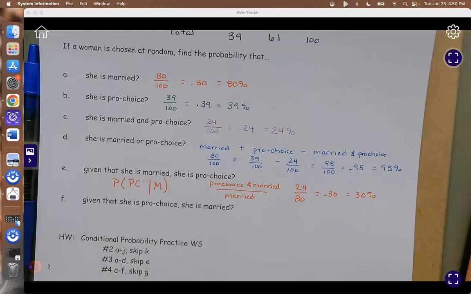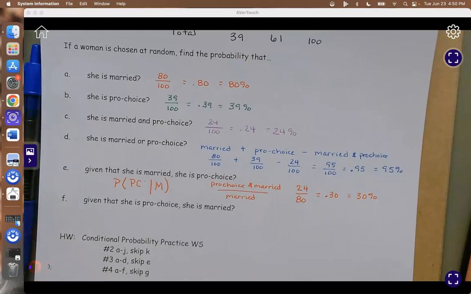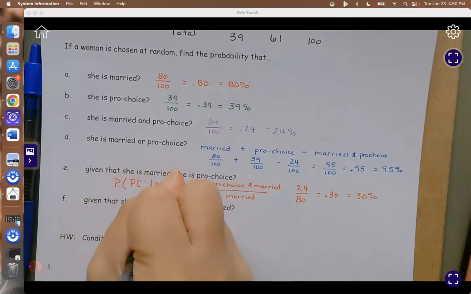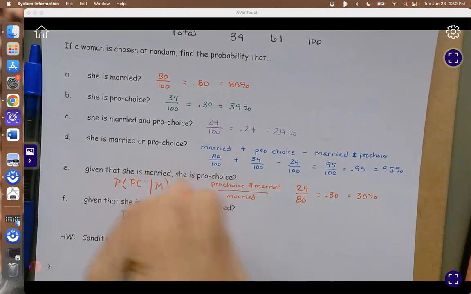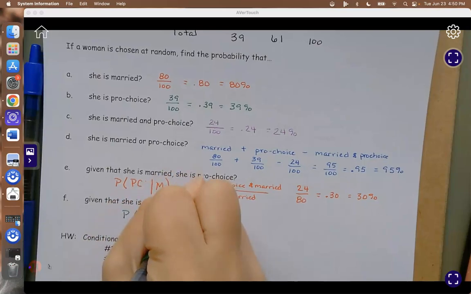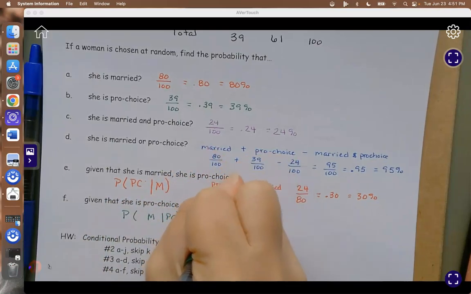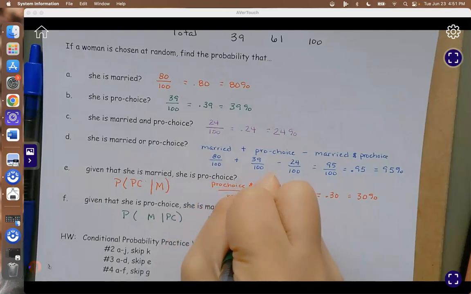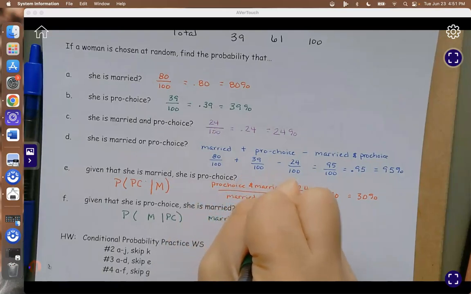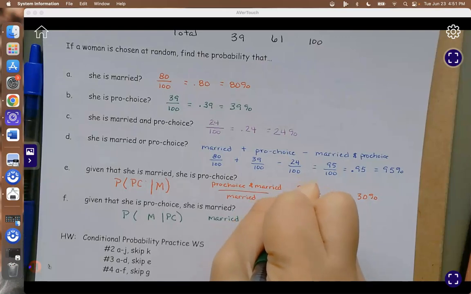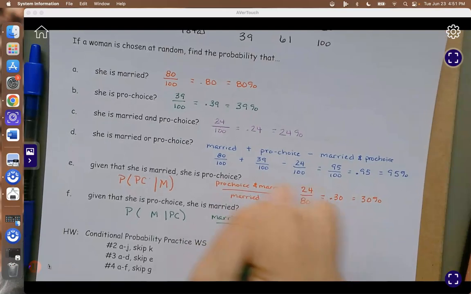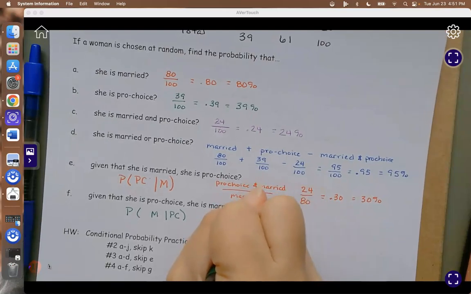Okay, last one. Given that she's pro-choice, probability that she's married. So we're going to do married and pro-choice over pro-choice.